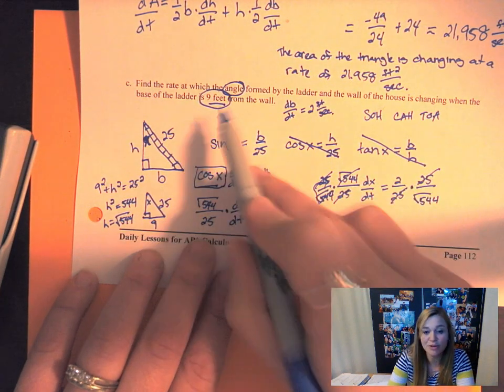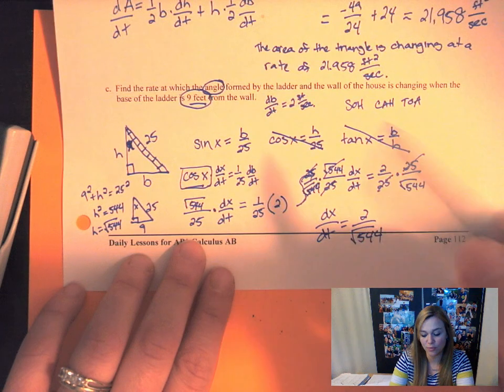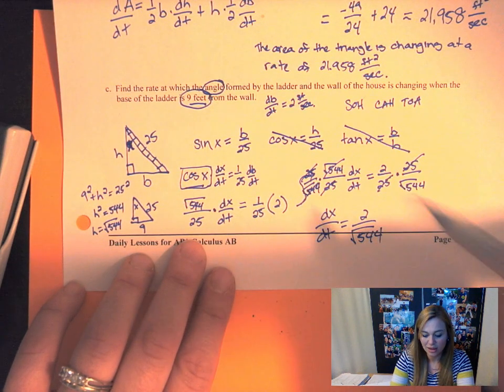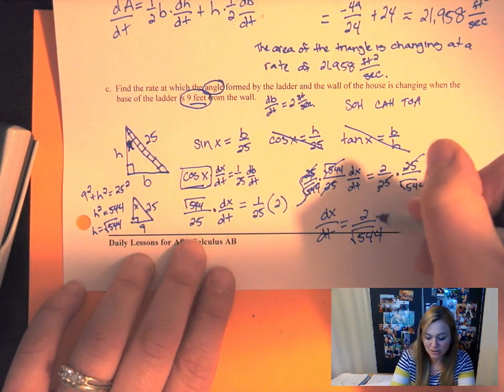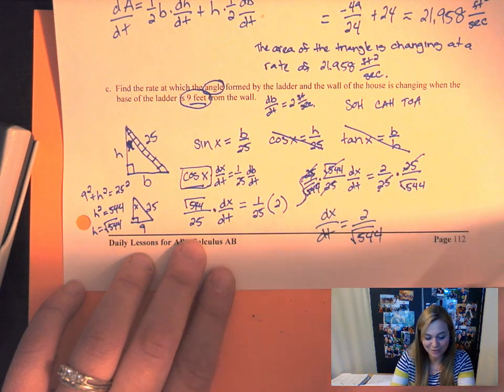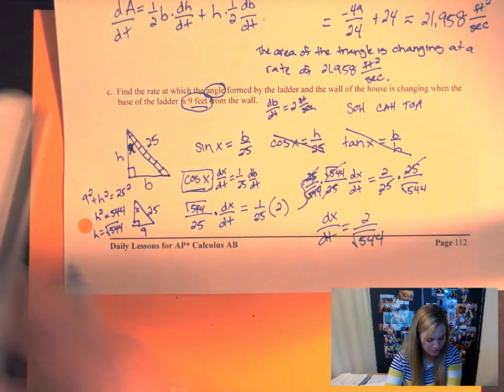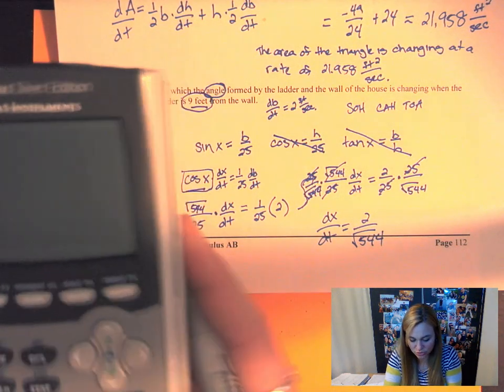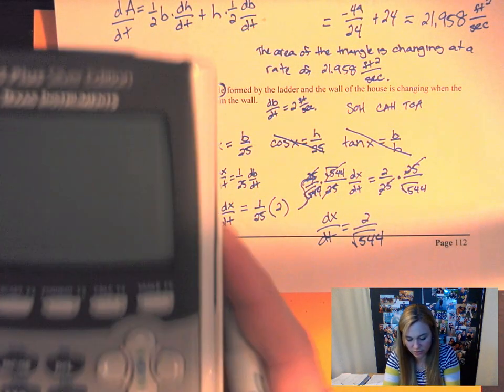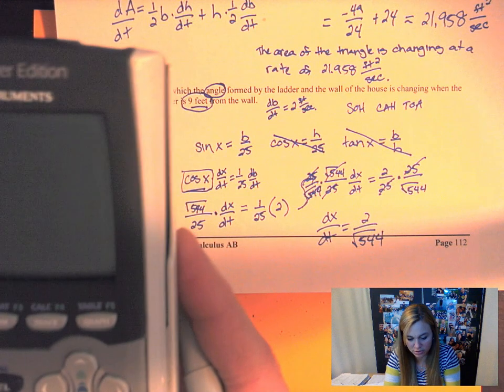It says find the rate at which the angle is changing, and I can write this down if I wanted to, but I want to keep going. The rate at which the angle is changing is 2 over square root of 544. If you want to find the exact answer, let's check, 2 over square root of 544.